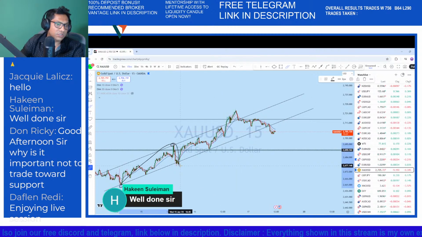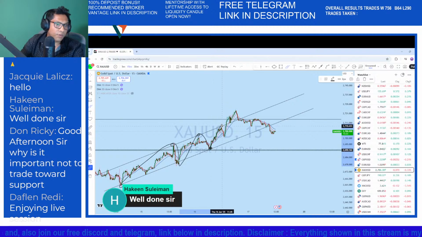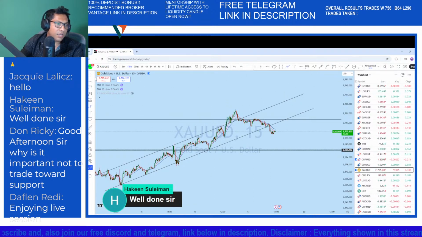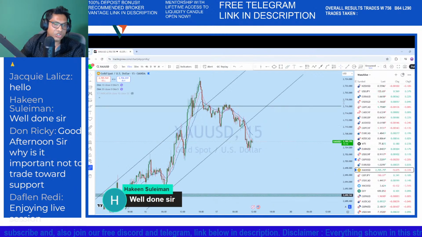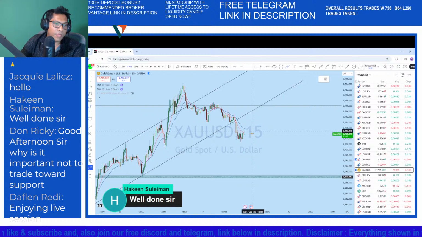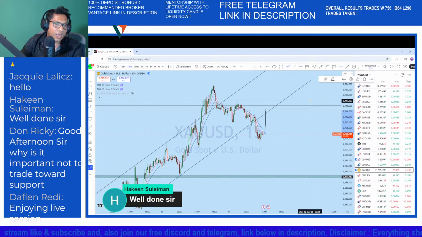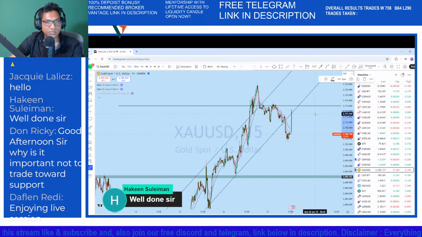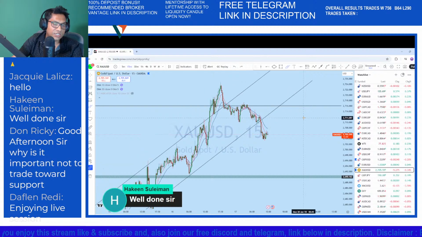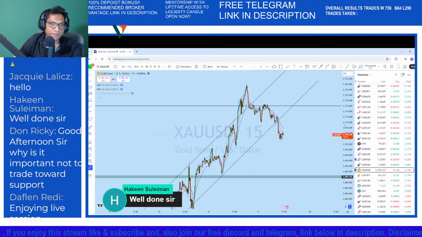Then it pulled back to the support, bounced again, pulled back to the support, and bounced again. As the market is heading in that direction, we can expect the price to potentially bounce back up to the resistance line. The price tested this support, and we expect it to trend in that direction to create a new higher high.